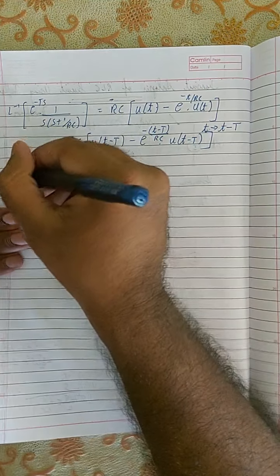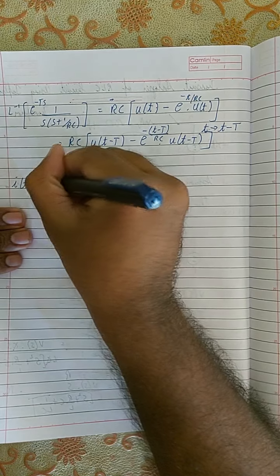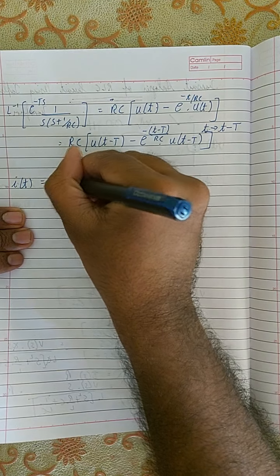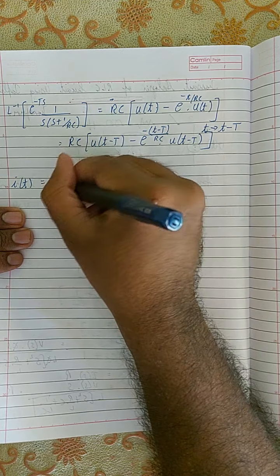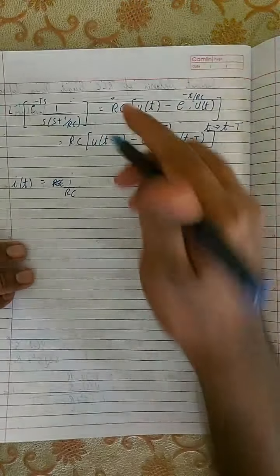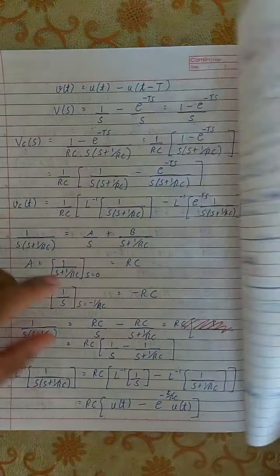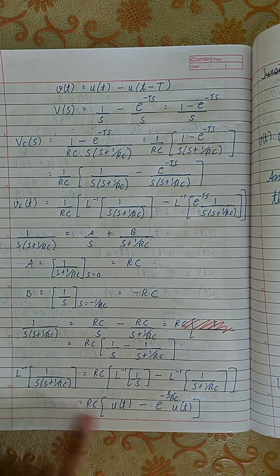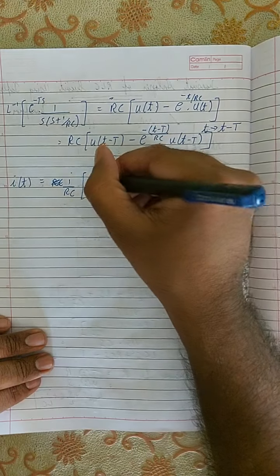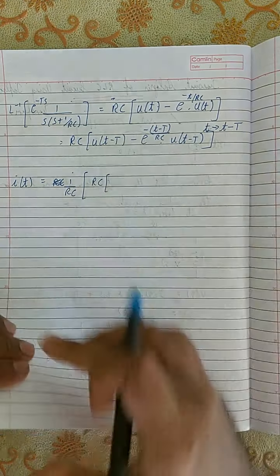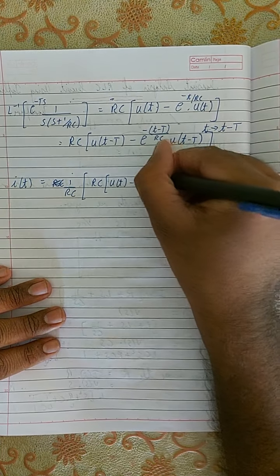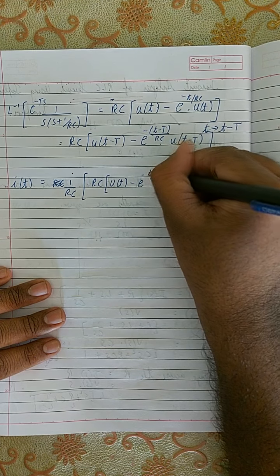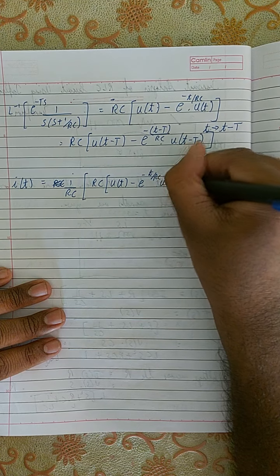So therefore i of t is equal to 1 by RC into, and the Laplace inverse of the first term is RC into u of t minus e raised to minus t by RC u of t.